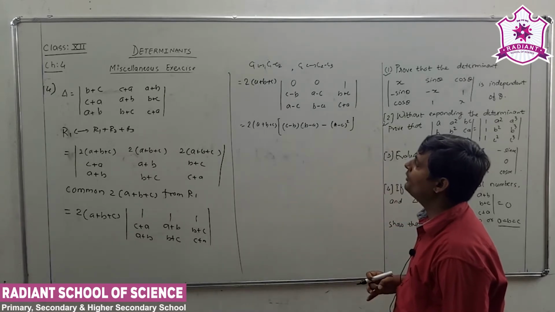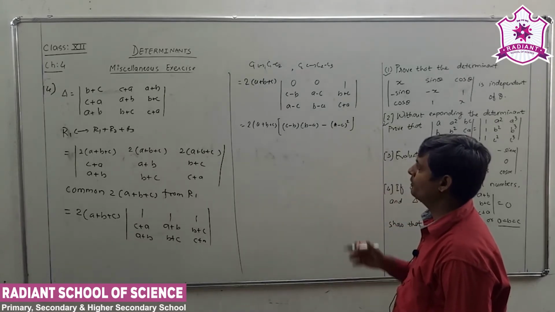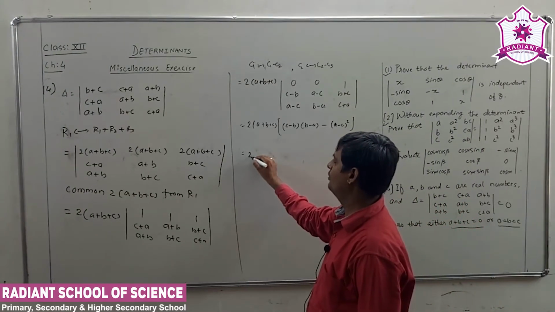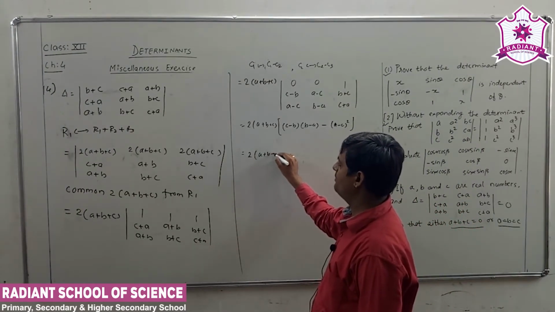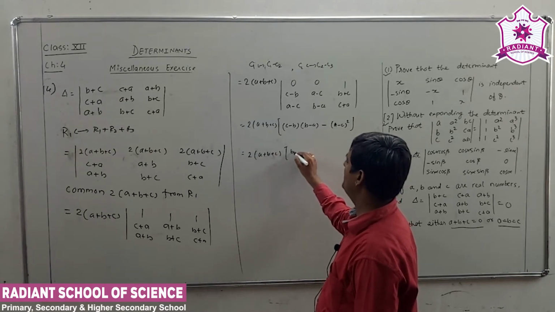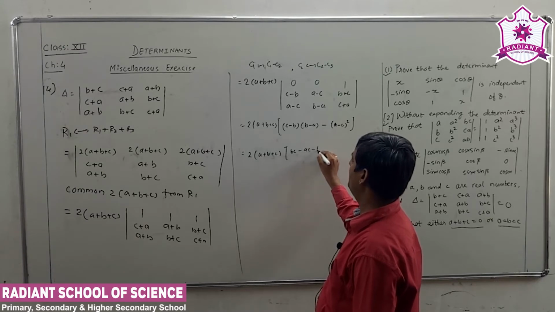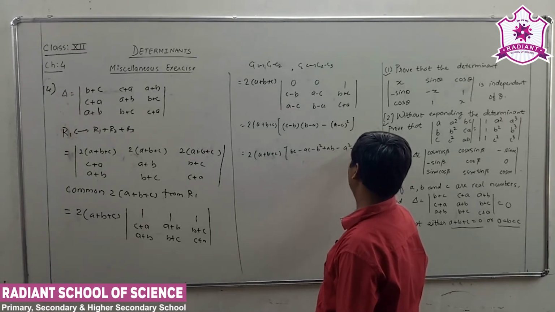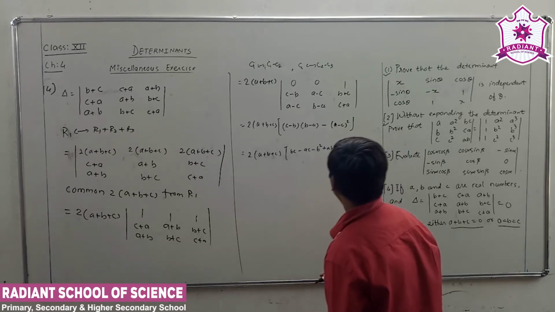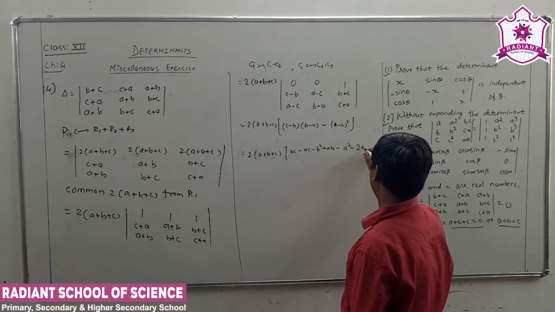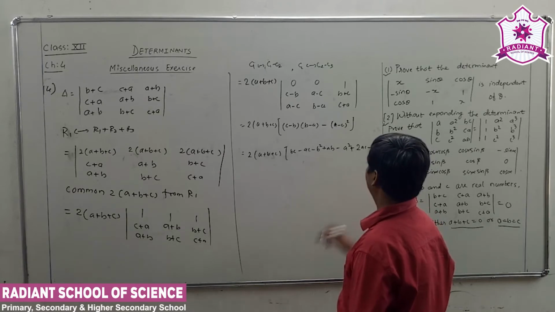Okay, so A plus B plus C and this one is C minus A and minus A plus B. So what we do? A minus B and suppose you expand this. So you have the only. So just you check this. So 2 into A plus B plus C into, okay, minus, so simple BC minus AC minus B square plus AB minus A square minus 2, okay, minus 2 AC already, so plus and minus C square, right?